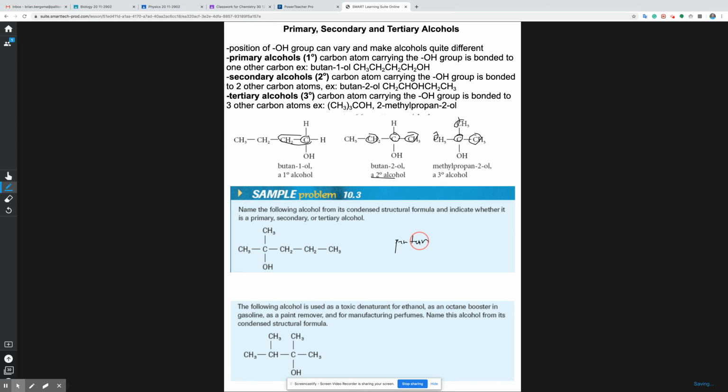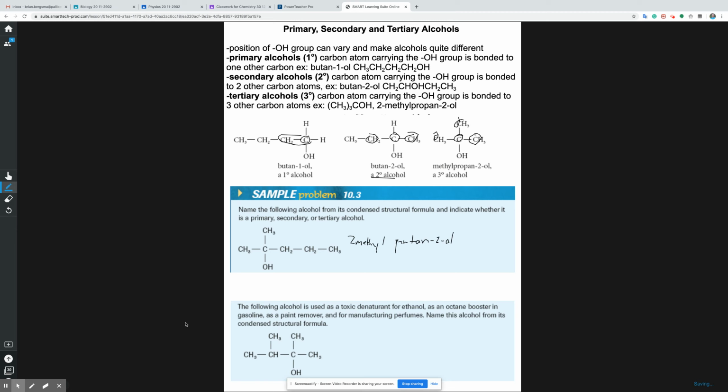Sorry, this is not writing as well. Pentan, and the hydroxyl group is coming off the second carbon, so 2-ol, and our prefix is going to be 2-methyl. So 2-methylpentan-2-ol.